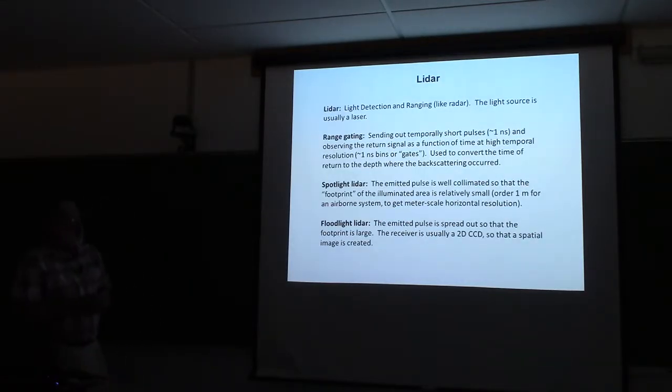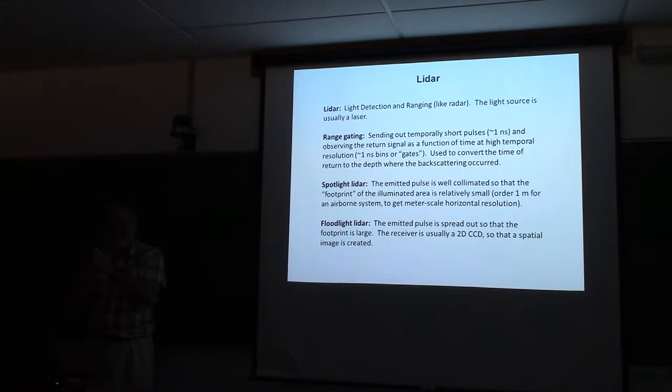Now, for a few minutes, let me talk about lidar and just define a few terms here. So lidar is light detection and ranging, which is like radar, which is radio detection and ranging. Our light source is usually a laser, but it doesn't have to be. People talk about range gating, which means you send out a short pulse, typically on the order of a nanosecond in length, and then you observe the return signal at, say, 1 nanosecond bins in time, or gates as they're called.